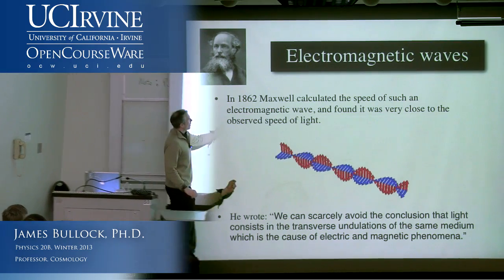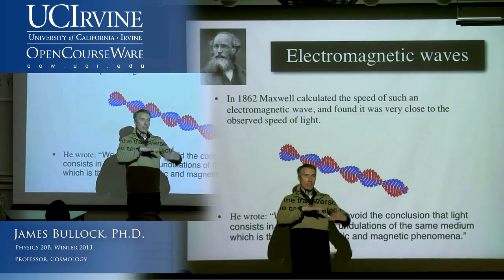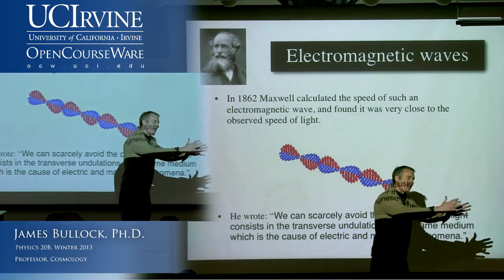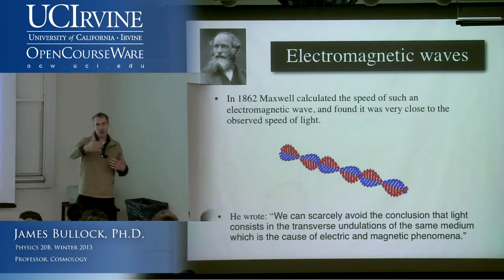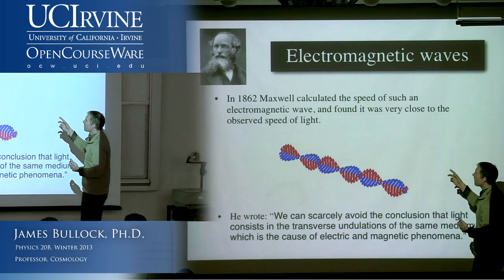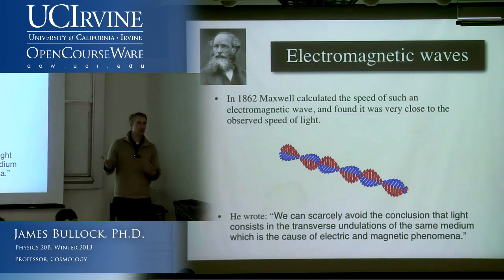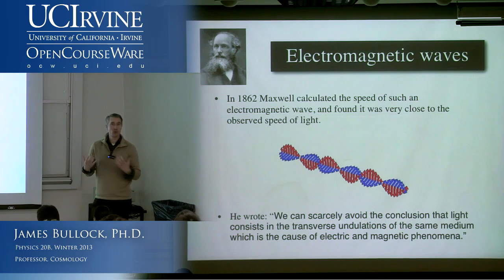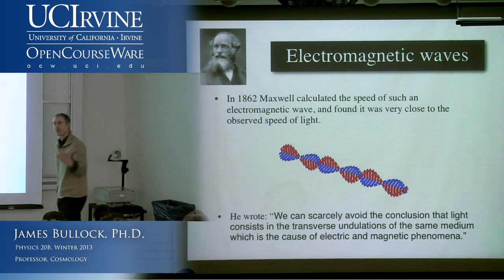So the idea is that you have an electric field that's propagating in one direction and a magnetic field that's propagating in another direction, and a propagation of those paired fields is an electromagnetic wave. He, in fact, calculated the speed that such an electromagnetic wave would travel, and he came out with a number that was really close to the speed of light that had been observed independently, as I've talked about.